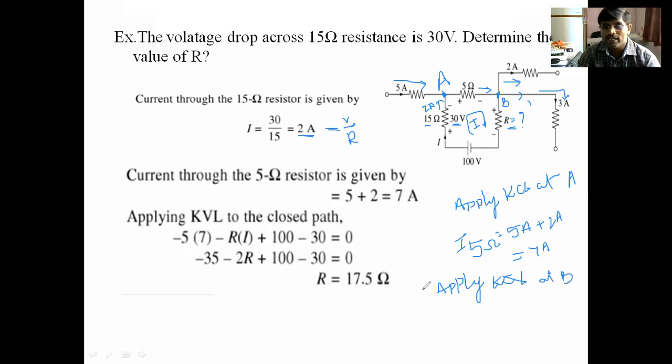If you apply KCL at B, I5 is incoming. I5 is equal to IR plus 3 plus 2. What is I5? I5 is equal to 7 amps.